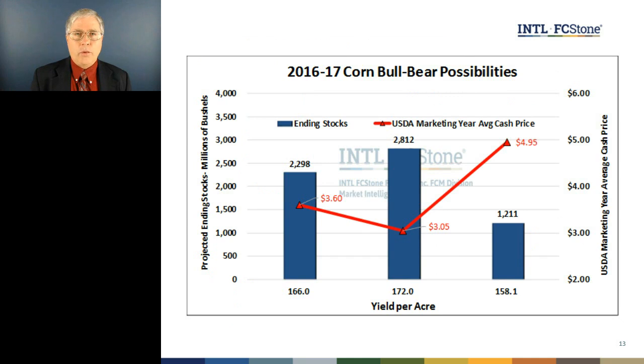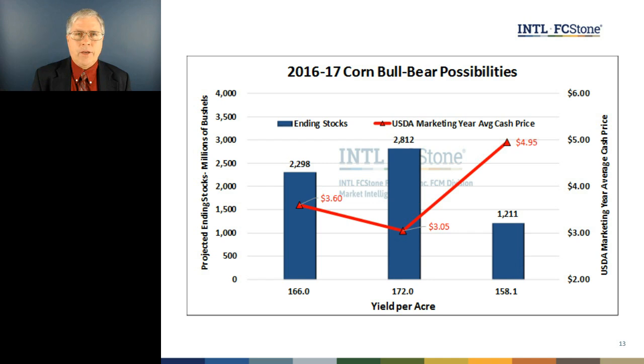Now, where do I see things going? Here again, this is a parameter of possibilities that we see. On the left, you see my ending stocks estimate for new crop corn, as I anticipate it being the more likely scenario, and what that would translate into from a cash market standpoint, a marketing year average cash price.